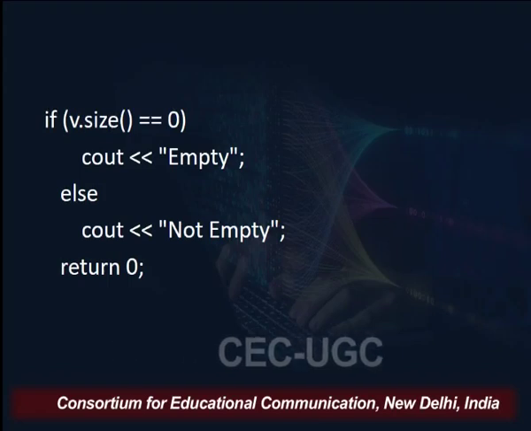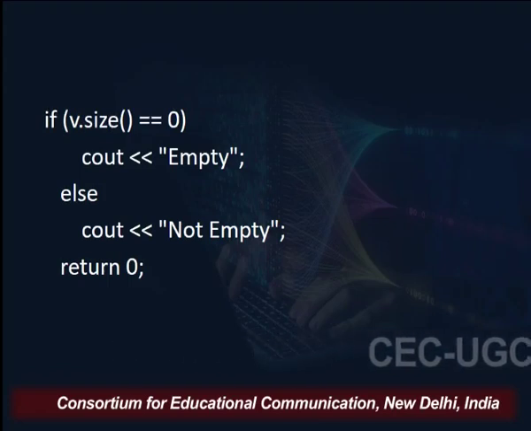We will compare the result of v dot size with 0. If v dot size is equal to 0, we will say empty, else we will say not empty. So, the empty function and the size function are the two functions which can be used for checking whether a vector is empty.